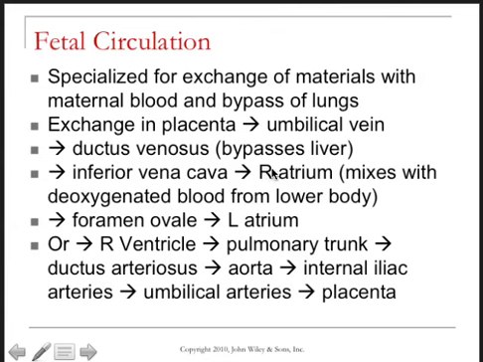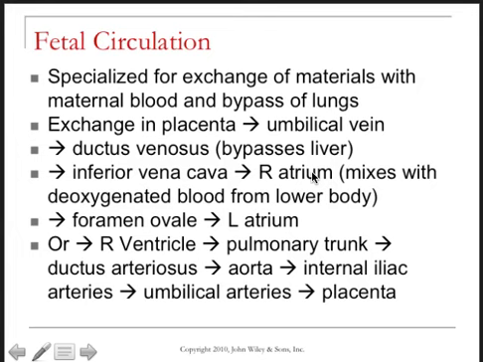This eventually brings this blood back to the right atrium, which results in a mixture of deoxygenated and oxygenated blood in the inferior vena cava of the fetus. The deoxygenated blood, remember, is making the return trip from the body, so it's already dumped off a lot of its oxygen and nutrient content. But when it meets the blood that's coming from the ductus venosus now, it gains oxygen and it gains nutrients.